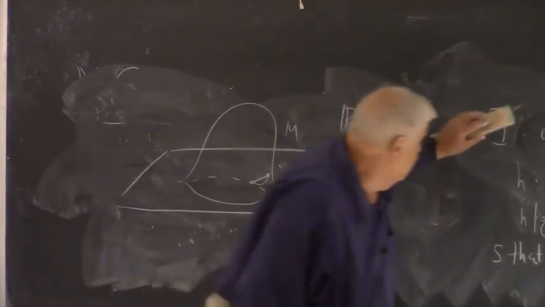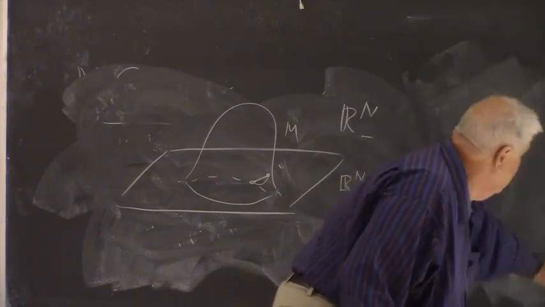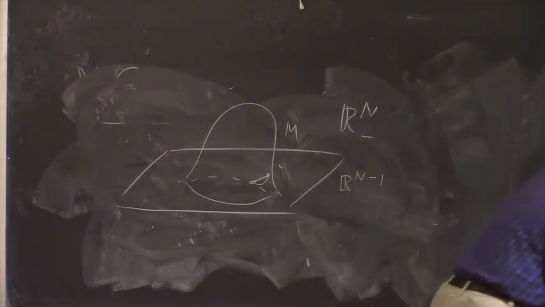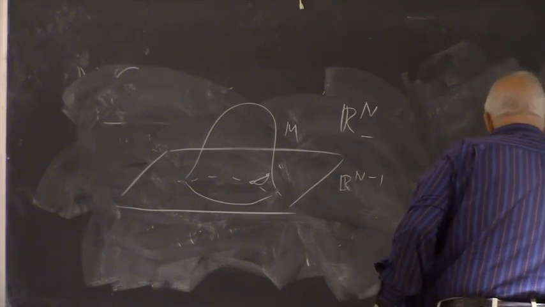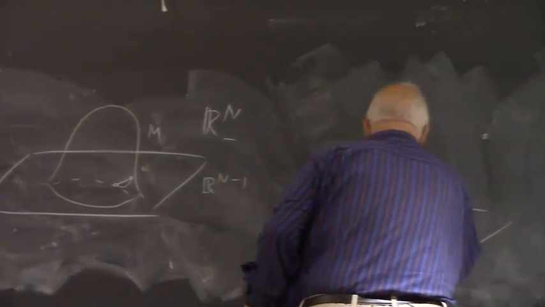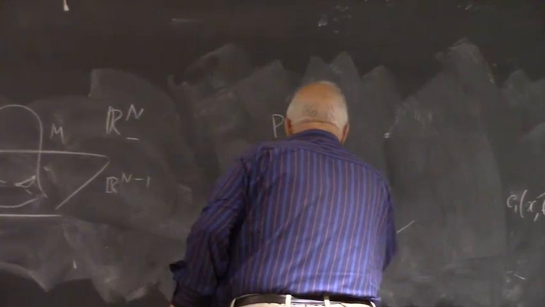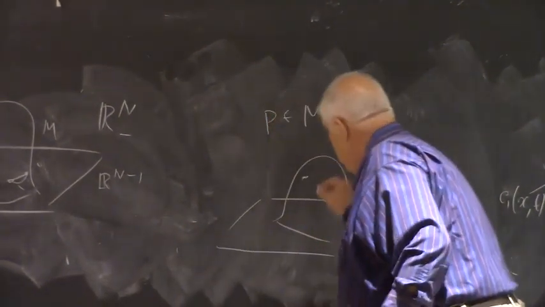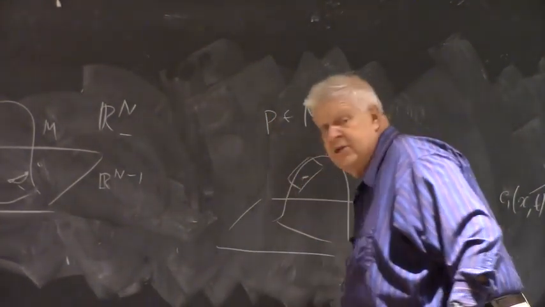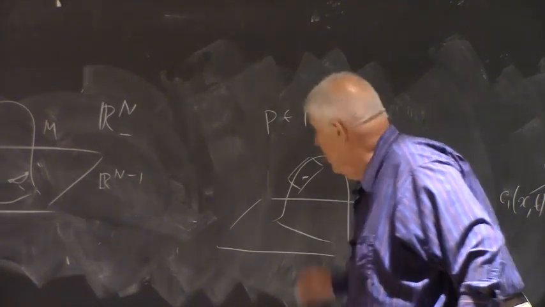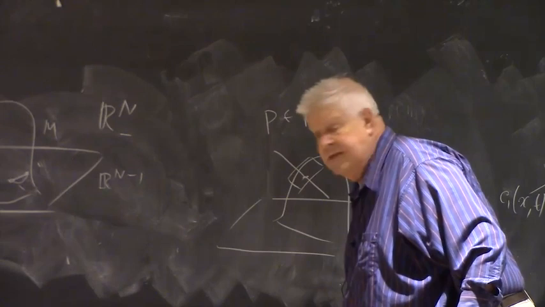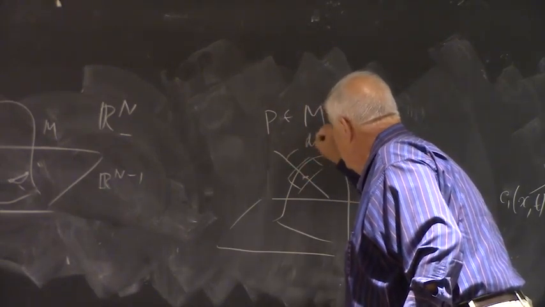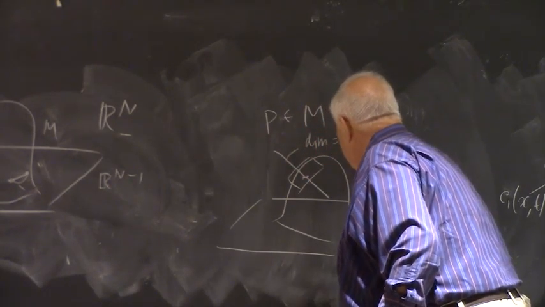Let me do the following. For every point in M, again, I want to remember this picture. There is the tangent plane to M, and also the orthogonal complement. This is a plane of big dimension.